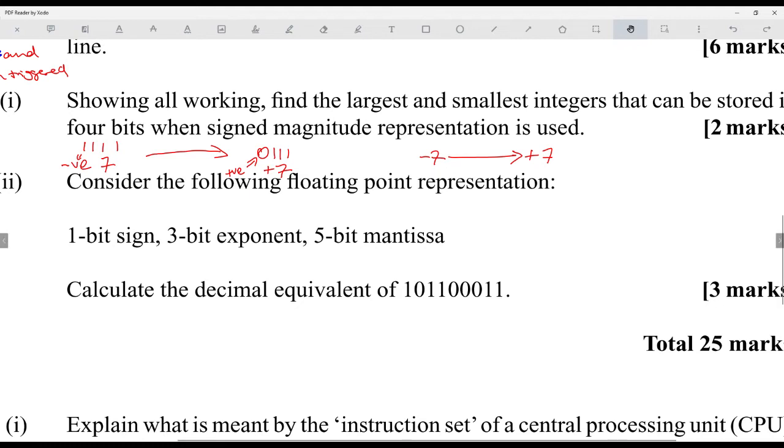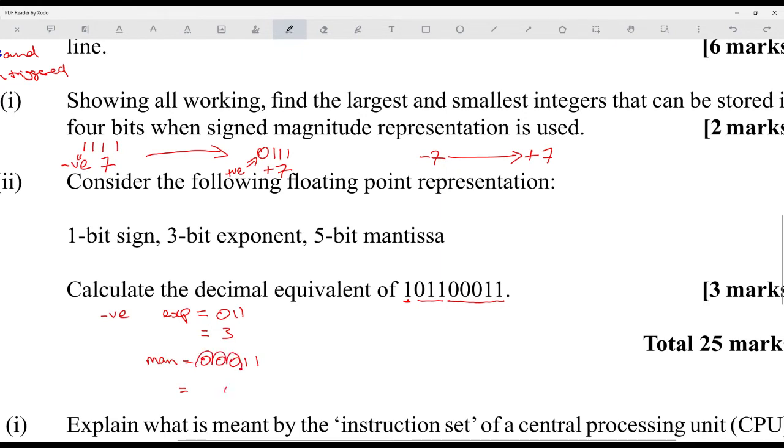Alright, consider the following floating point representation. We have a 1-bit sign, a 3-bit exponent, and a 5-bit mantissa. So the sign is negative, the exponent is 0, 1, 1, which is 3, and the mantissa is 0, 0, 0, 1, 1. So we're going to move this forward 3 points: 1, 2, 3.